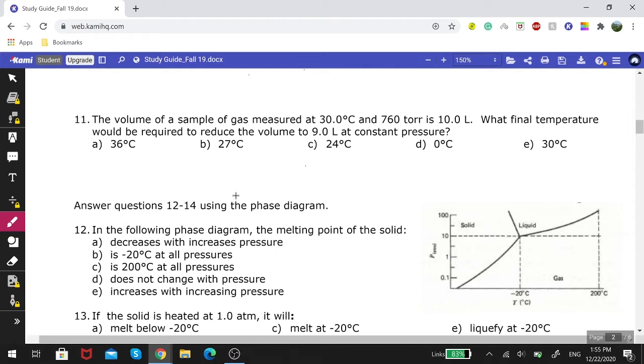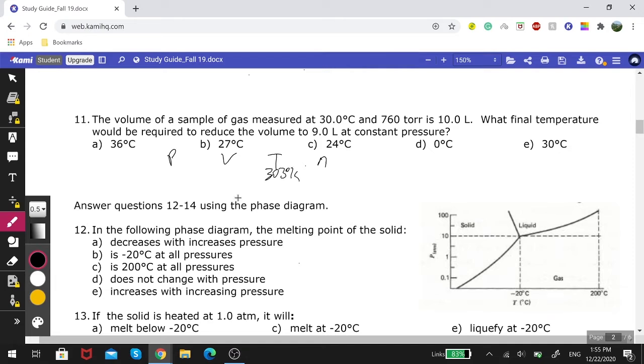The volume of a simple gas measured at 30.0 degrees Celsius and 760 torr is 10 liters. So let's use a PVTN chart. This time we have temperature, which went from 30 degrees plus 273, which is 303 degrees Kelvin. And what is the final temperature?